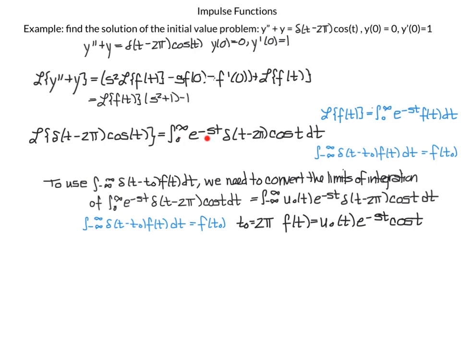So we're looking here at the problem we want to solve, because we're doing the Laplace transform here. So we have 0 to infinity, e to the minus st, delta t minus 2 pi, cosine of t dt.